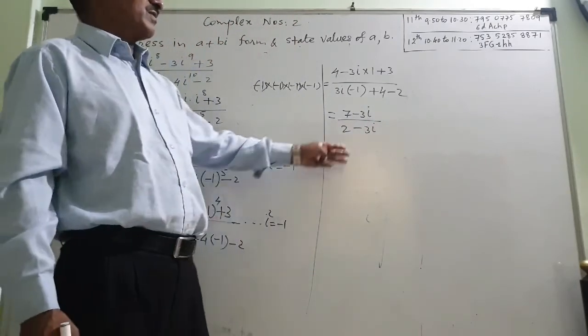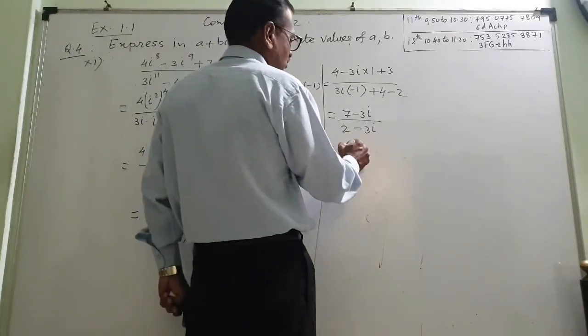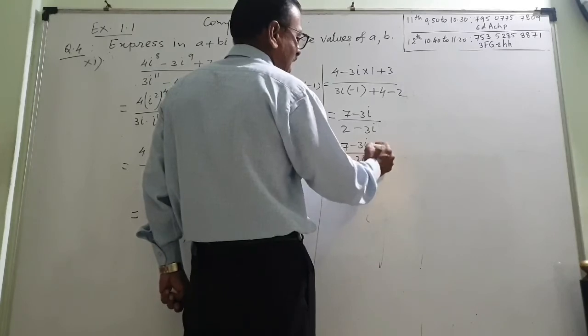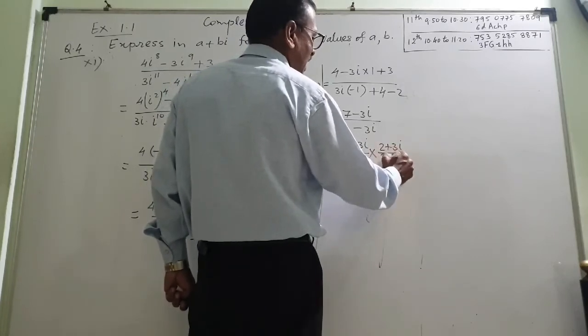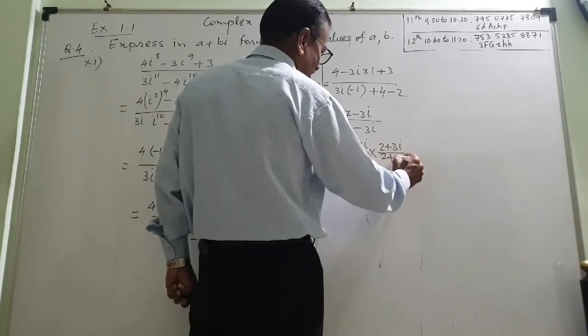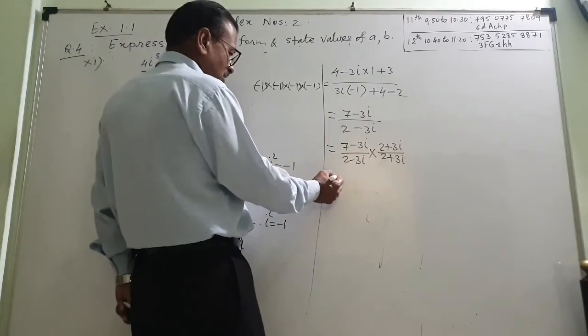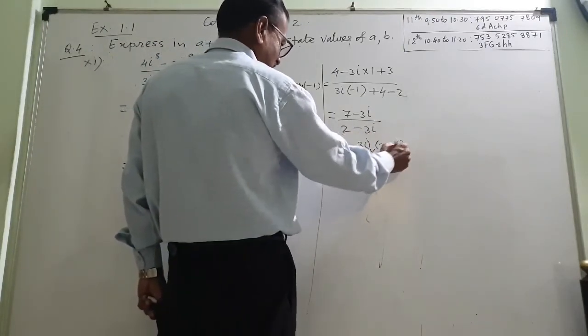Oh my God, once again there is i in the denominator. So what I will do, 7 minus 3i upon 2 minus 3i into 2 plus 3i upon 2 plus 3i, rationalizing the denominator or multiplying by the conjugate of the denominator. So this, again I will multiply.